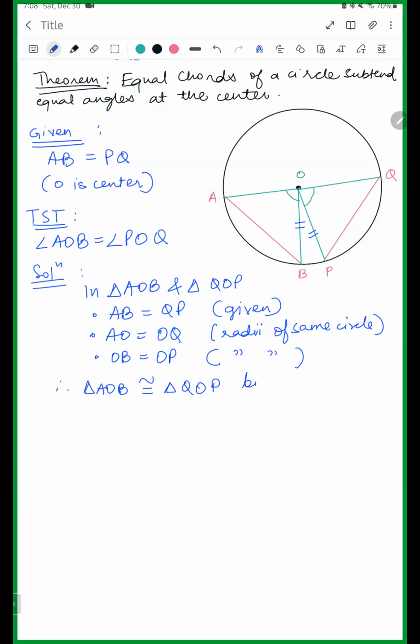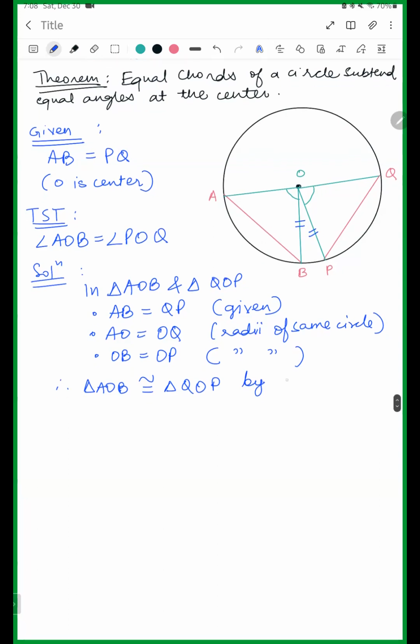QOP. By which congruence rule? SSS. Very good. By SSS rule. Therefore, these two angles which we were talking about, angle AOB is equal to angle POQ by CPCT. Hence proved.